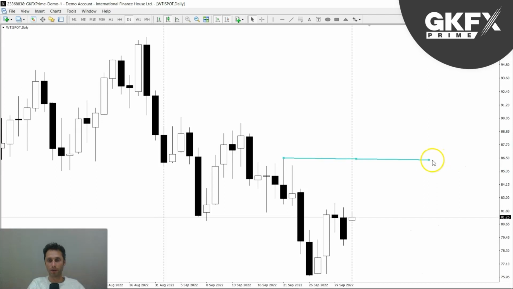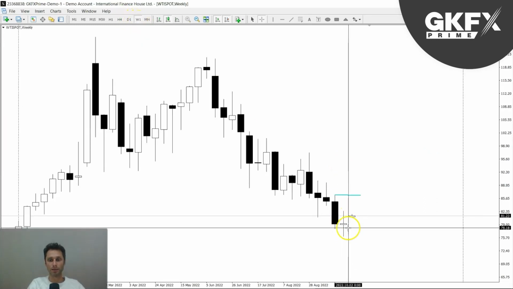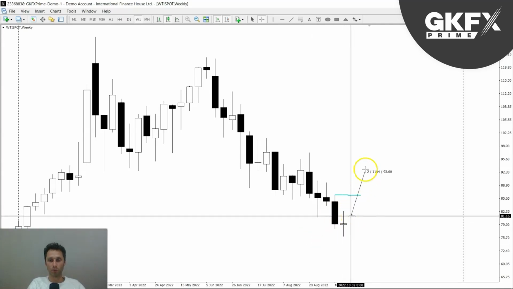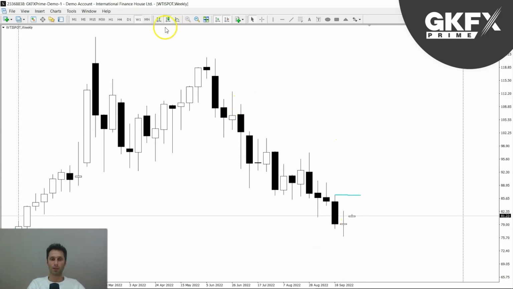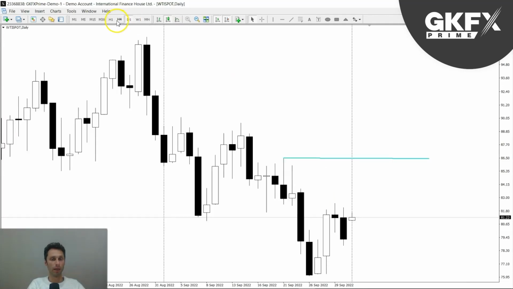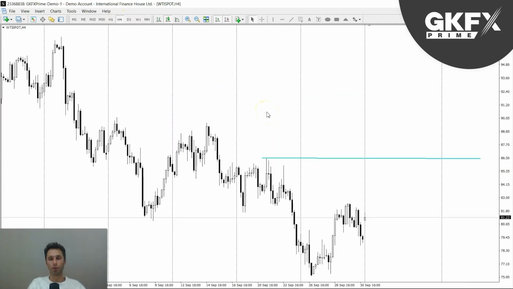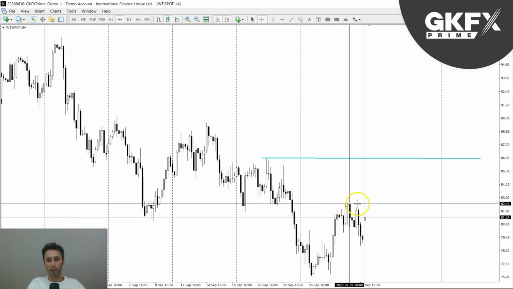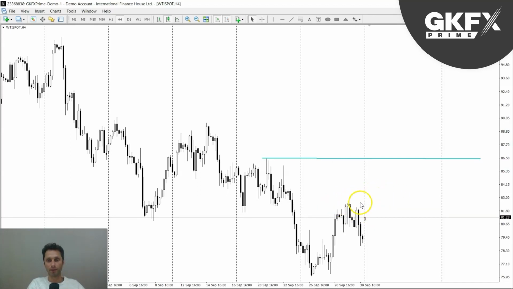Not quite near. So the question is, is this doji candle a sign of a possible reversal? We don't know yet. The bias is still bearish, so I am going to look at the bearish idea for now. If we break these highs, I'll have to reassess the situation.